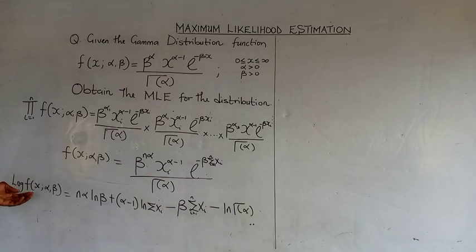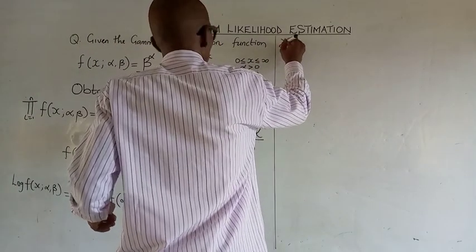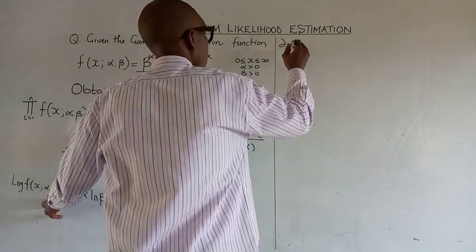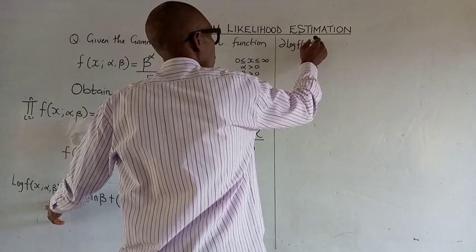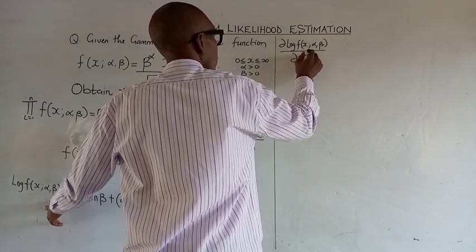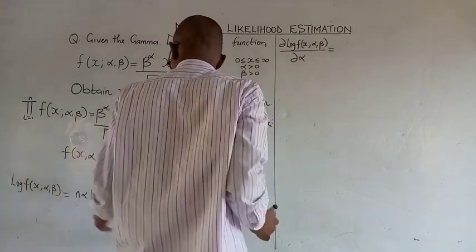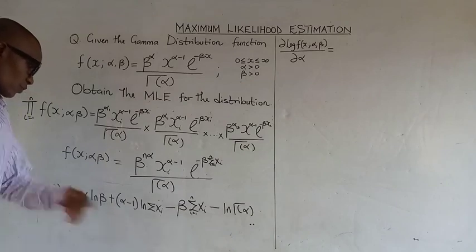The next thing we do is to differentiate with respect to alpha. So we now differentiate the differential of this function with respect to alpha. So here there is no alpha, it turns to 0.